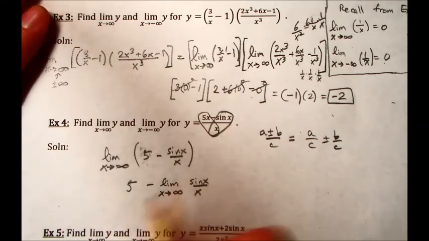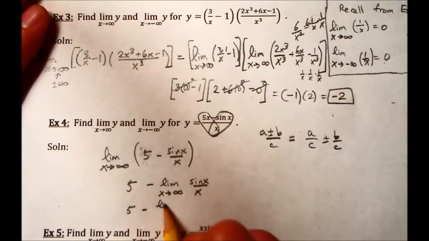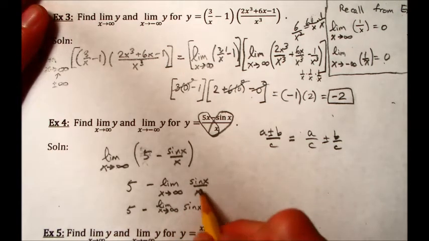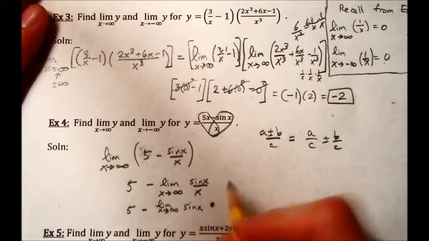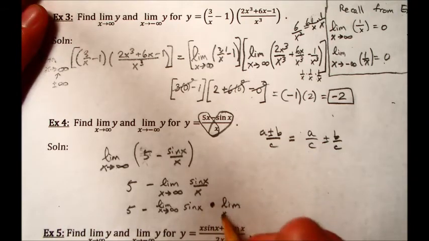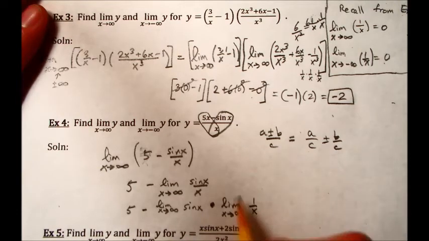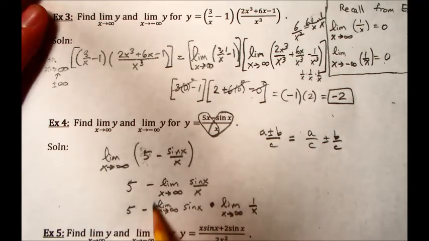So I'm going to go ahead and write this on top, or sin x like that. This will be multiplied against the limit as x approaches infinity of 1 over x. So regardless of what this is, we haven't really talked much about these kinds of limits.